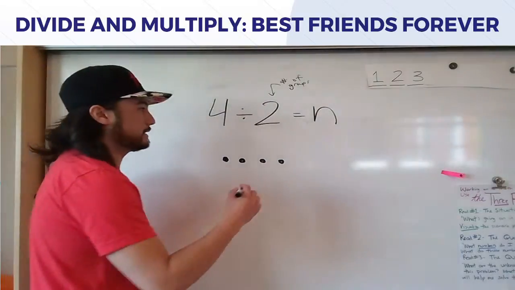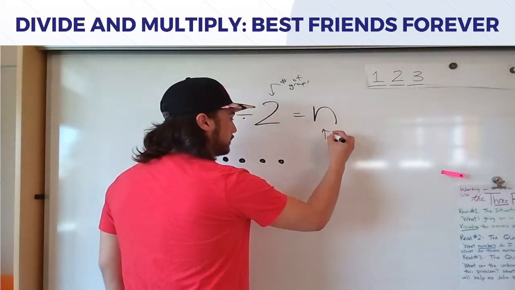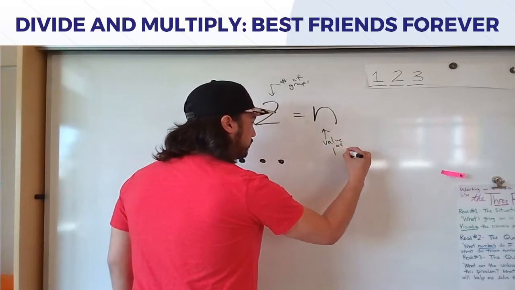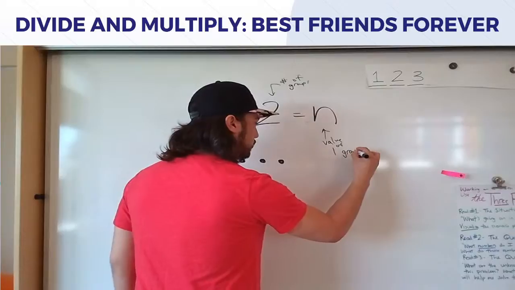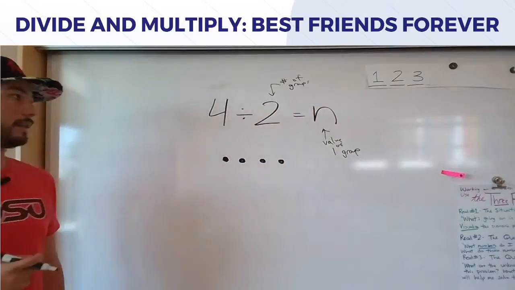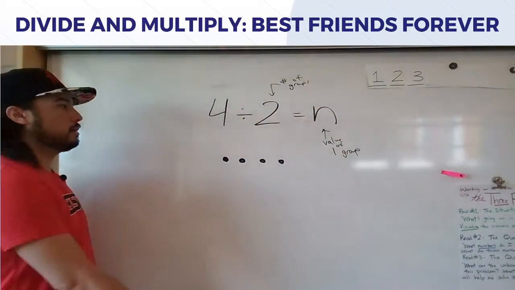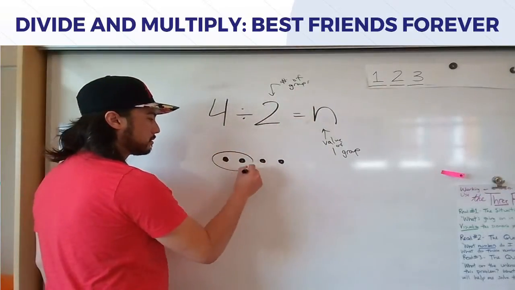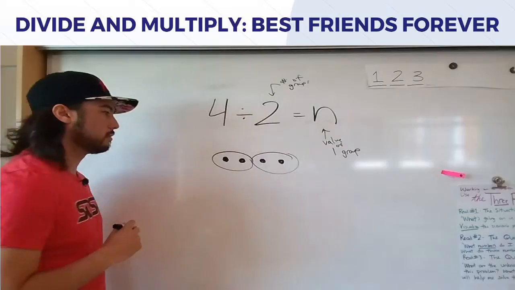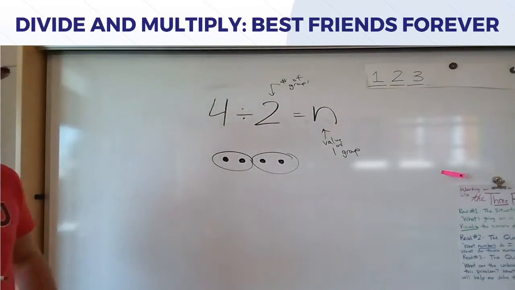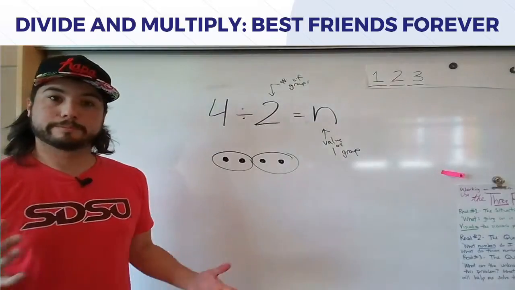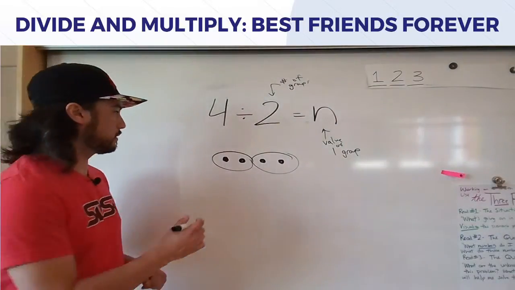And then this n, our quotient, is the value of one group. If we're taking our 4, we're dividing it into 2 equal groups. What's the value of each group? There's 2.